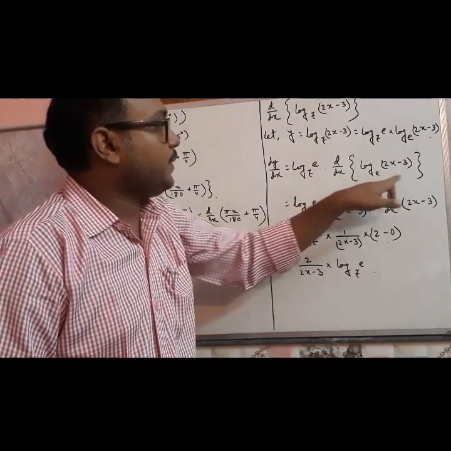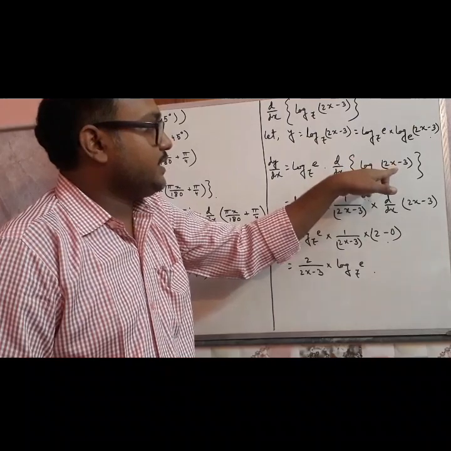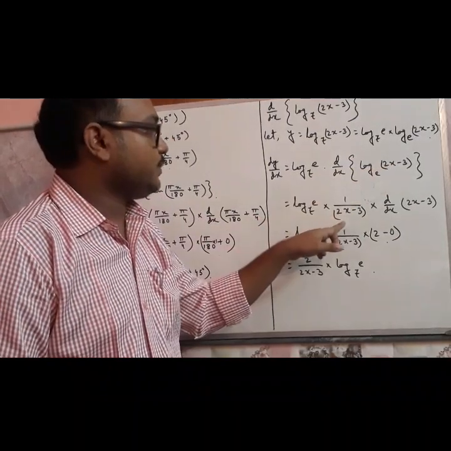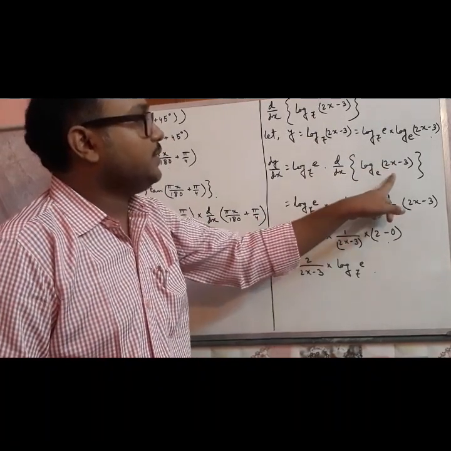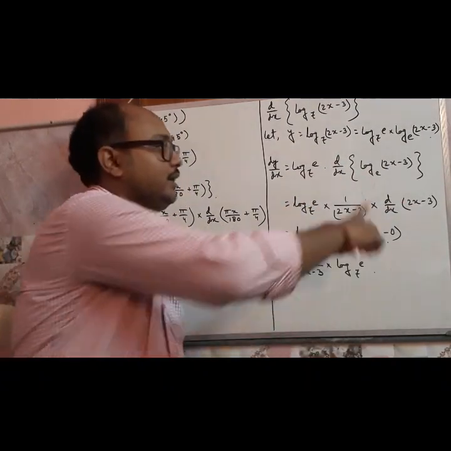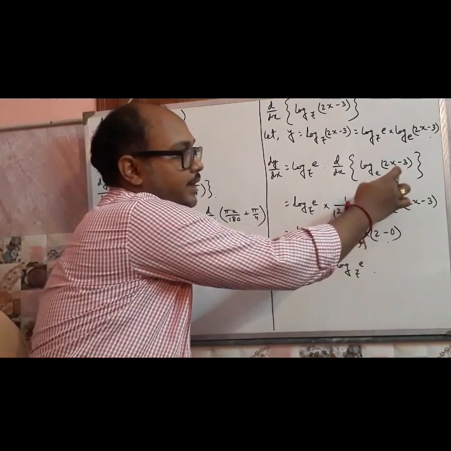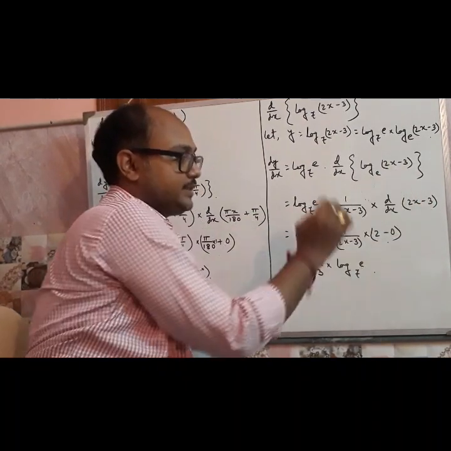So the derivative of this part is 1 by (2x minus 3), treating 2x minus 3 as x. It is not only x, it is a function of x, so into the derivative of this part, 2x minus 3.